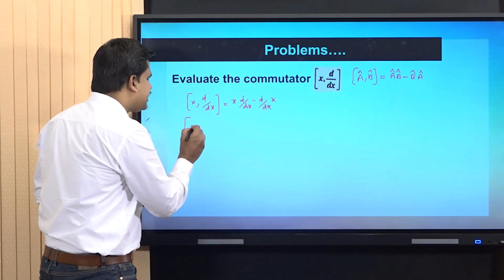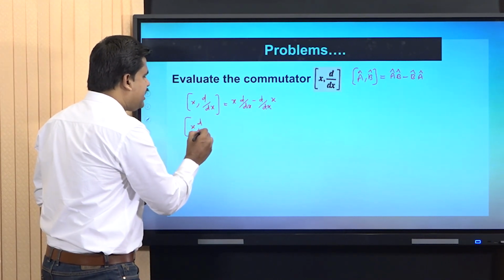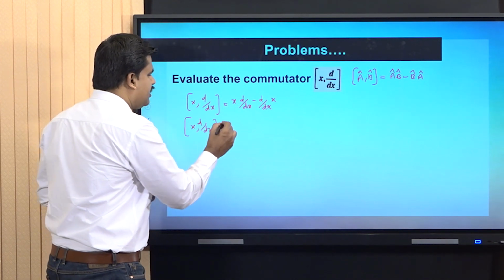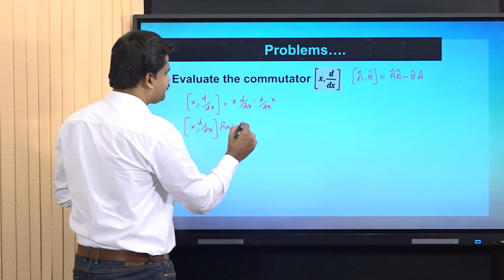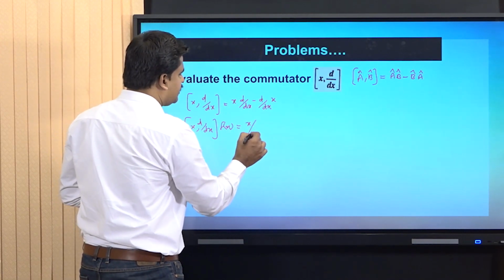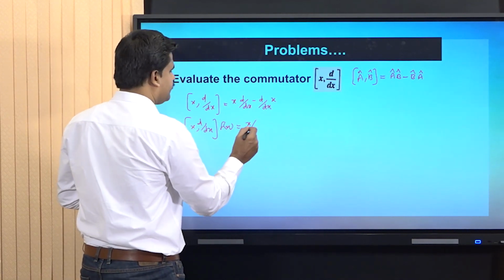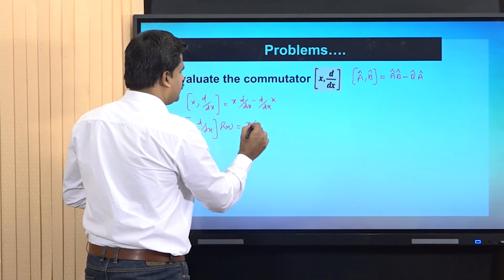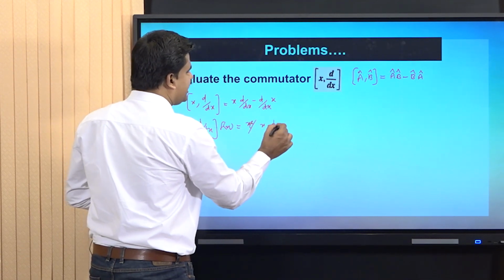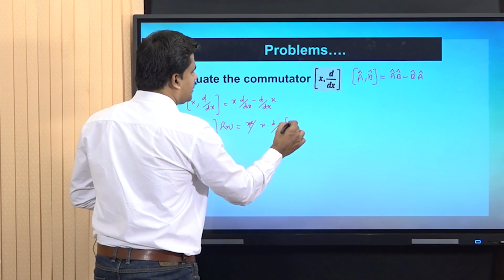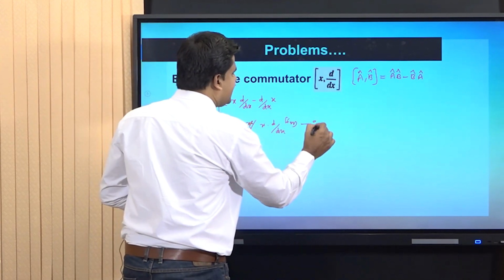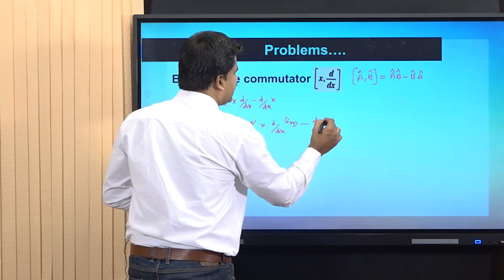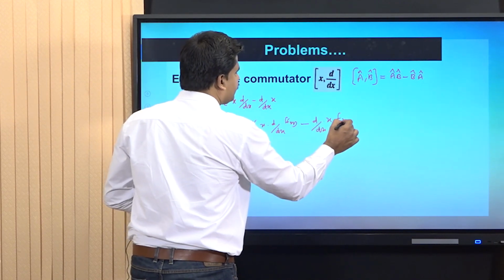Therefore, the commutator x, d by dx acting on f of x equals x into d by dx of f of x minus d by dx of x into f of x.